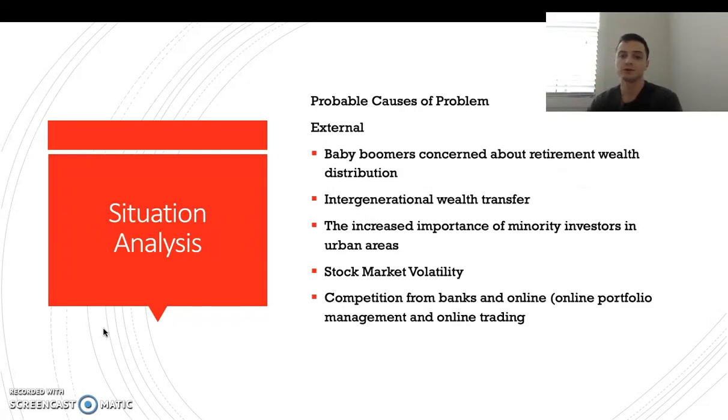Some probable causes of the problem. The external causes mentioned: baby boomers are concerned about retirement and wealth distribution. It says here that baby boomers really began retiring in 2000, and their financial concerns shifted away from looking to their financial advisor to accumulate wealth for them, to looking to their financial advisor to show them how to spend the wealth they've accumulated in order to live the rest of their lives and pay for all their health expenses, and make sure that they're never in a bad situation.